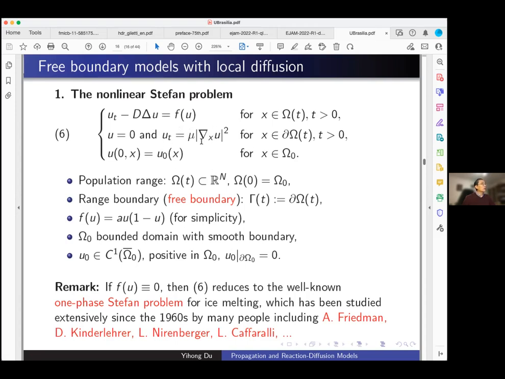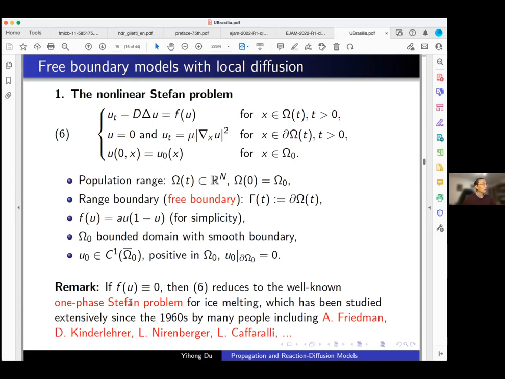Now, why this equation? That actually is borrowed from a classical case. If f is identical to 0, then this problem arises in a very different setting: the investigation of melting of ice in contact with water. So this Omega t, in the classical sense where f is identical to 0, represents the water region. It's surrounded by ice, and U is the temperature of the water.